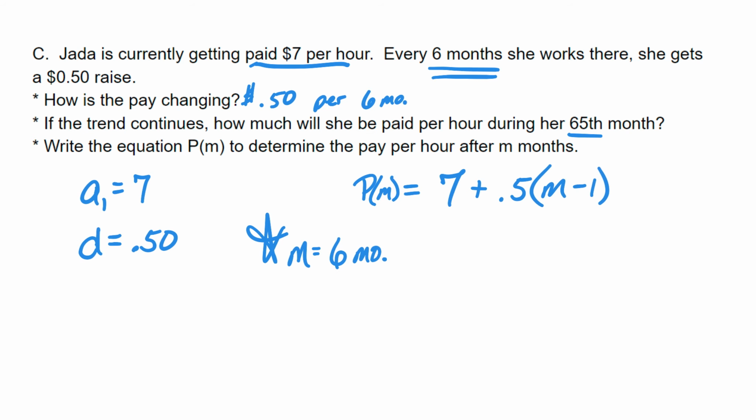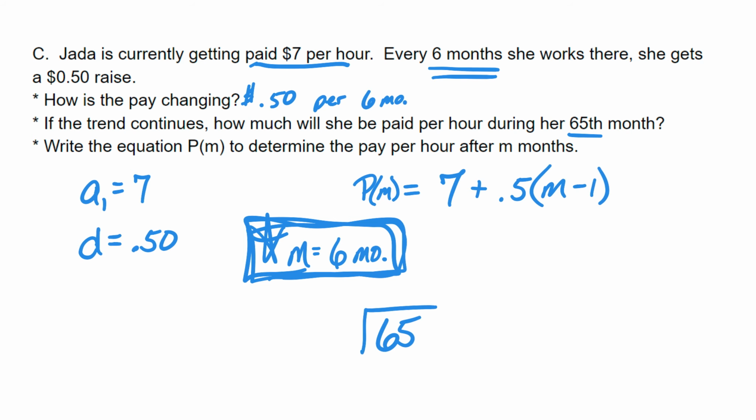So the important thing here now is to see how many 6-month intervals we have had. I cannot just plug in 65 here because I noted to myself that, hey, M stands for 6 months. So what I'm asking myself, what I'm asking you, is how many 6-month intervals are there in 65 months?